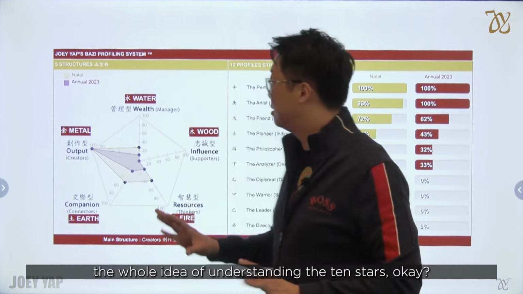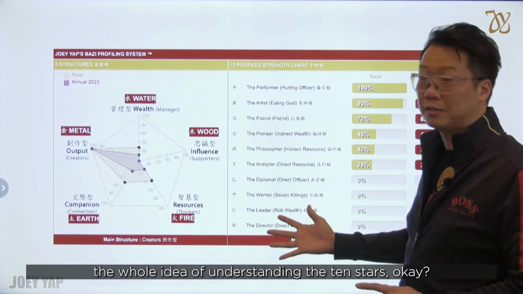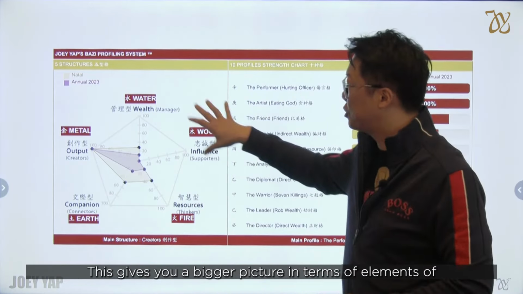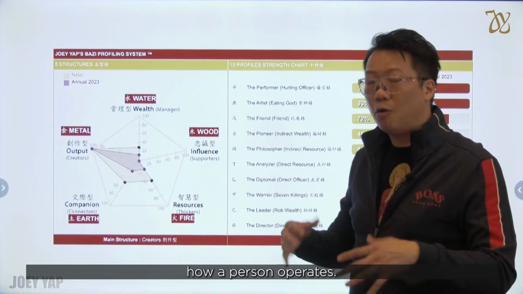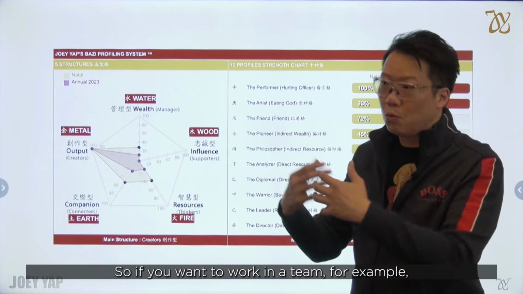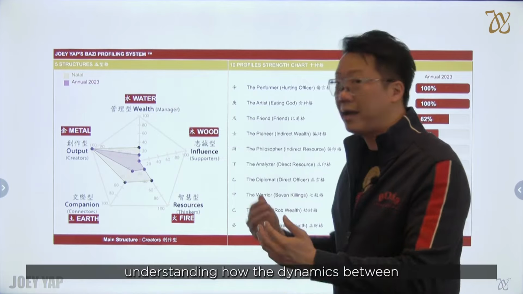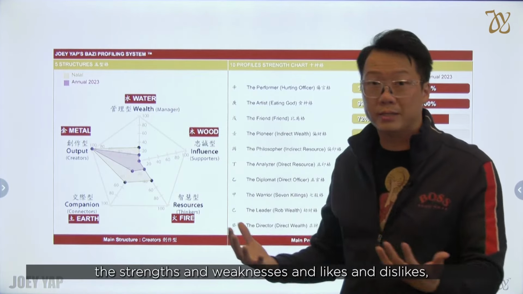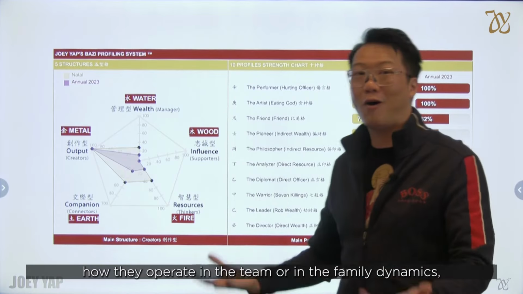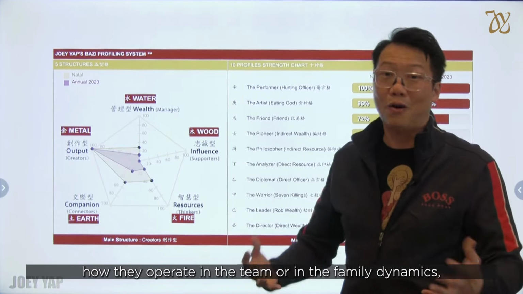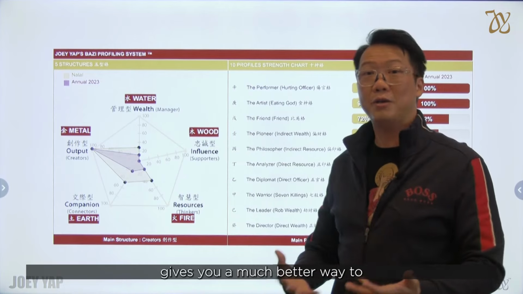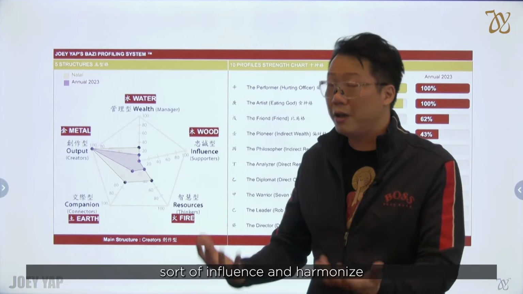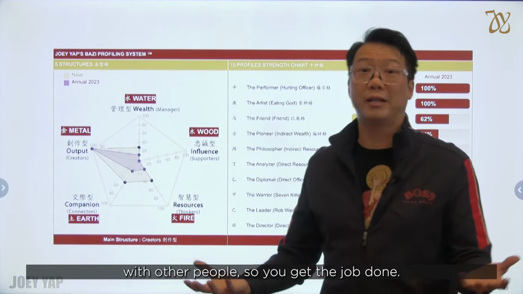So that's the whole idea of understanding the 10 stars, okay? This gives you a bigger picture in terms of how a person operates. So if you want to work in a team, for example, understanding the dynamics between your team members and you, the strengths and weaknesses, the likes and dislikes, how they operate in the team or in the family dynamics, gives you a much better way to influence and harmonize with other people so you get the job done, okay?